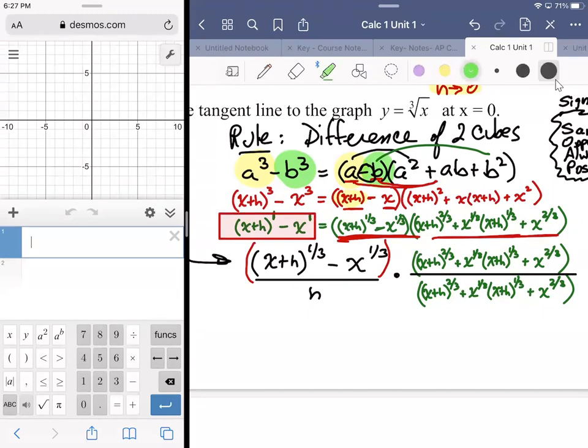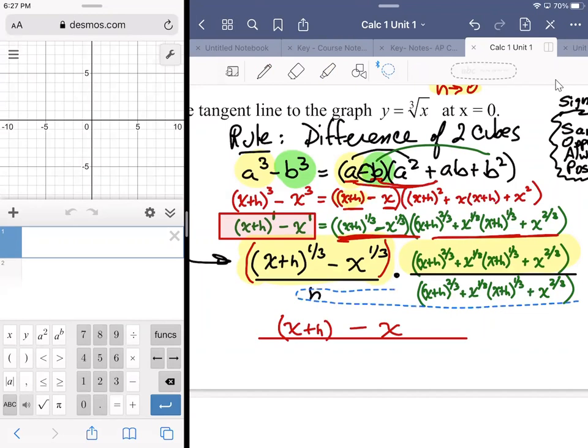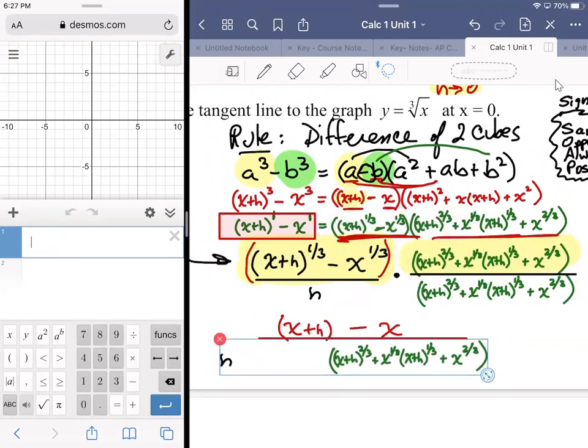We're going to multiply these two expressions, this one and this one, and the result is going to be x plus h to the first power, minus x. Because that's how the rule expanded out. On the bottom, we're up the creek. There's really nothing we can do. We could write these two things together adjacent to one another, and that's about it. But it's really all about the numerator anyway.